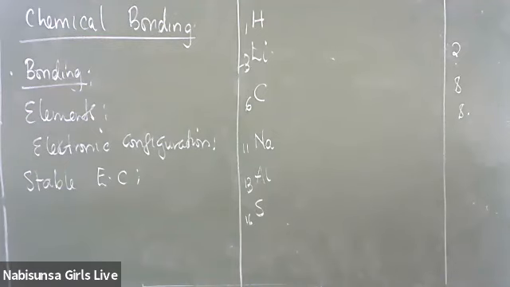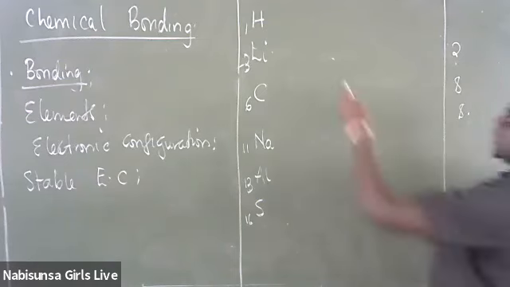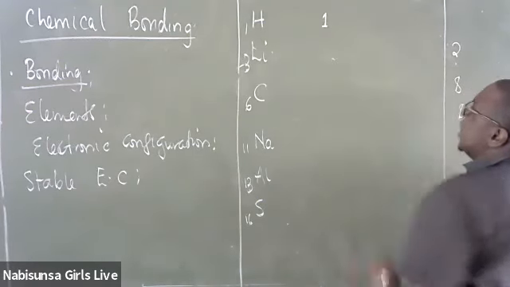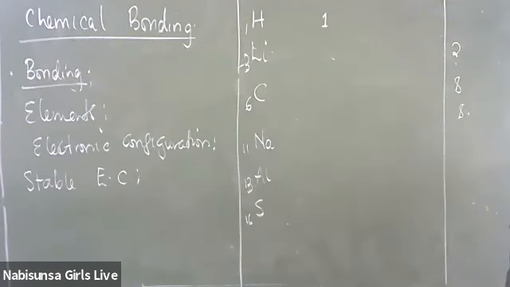So what happens here? When I look at hydrogen, hydrogen has a single electron, meaning that it is capable of fitting in the first room. Though the room is not complete, it can be there alone. When I go to the next one, we have lithium. Lithium has 3 electrons in the different rooms.